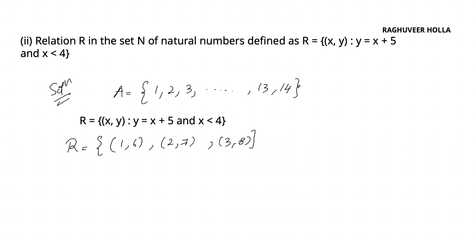As you can see here, x is less than 4, so that is the condition, and you get 3 comma 8 at the end. Now let us check whether it is reflexive, symmetric, or transitive.